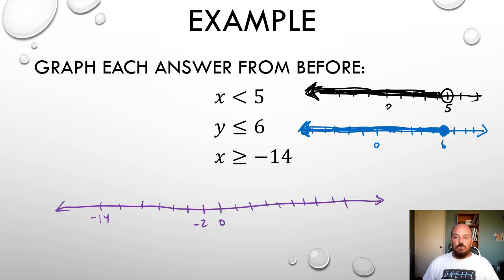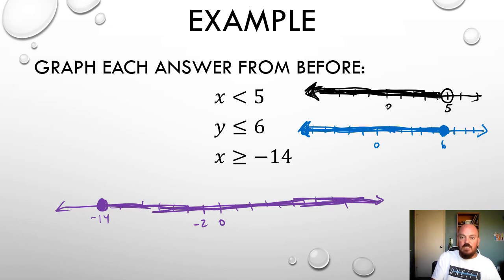So this one did have an or equal to. I'm going to go to negative 14 and put a dot on it. And this time it was greater than, so I'm going to shade everything to the right. I color in my number line to the right to show all these numbers that are greater than negative 14 are part of the answer. And I put an arrow on the end.